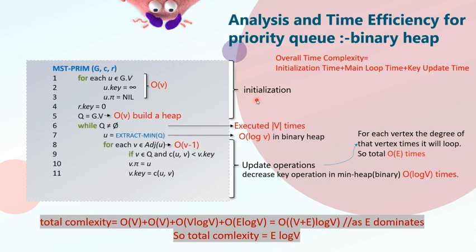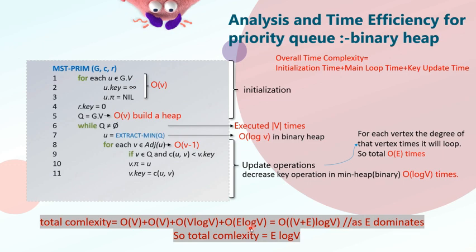So the overall time complexity is going to be equal to the initialization time plus the main loop time and the key update time. So the initialization time equals big O of V plus another big O of V for building a heap, and the execution time is V multiplied by log V for extracting the minimum, and the key updating time is E multiplied by log V. So the total time is going to be V log V plus E log V, which is V plus E, log V. So which one are we going to choose?